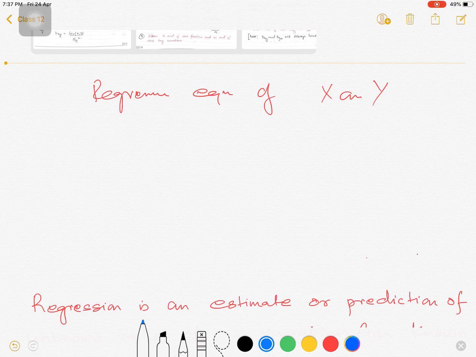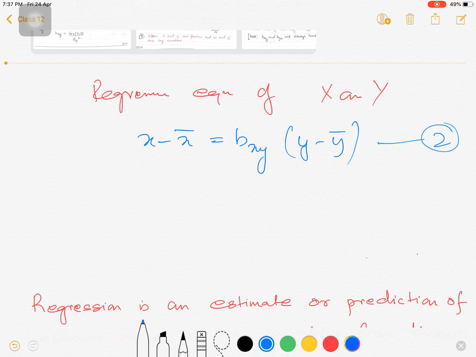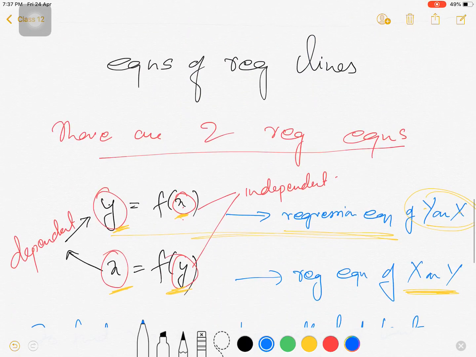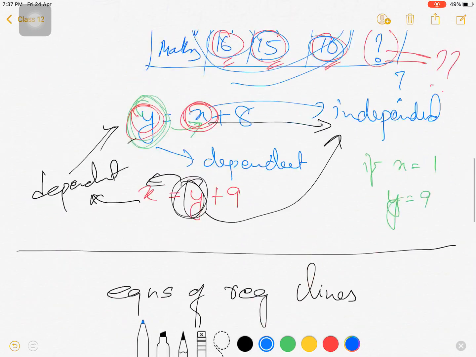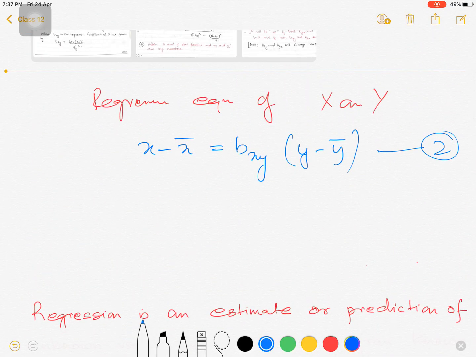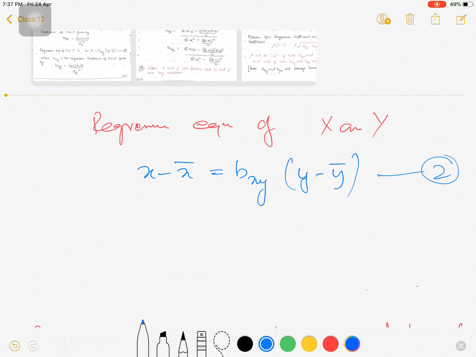Very simple. x minus x bar equals bxy times y minus y bar. This is equation number 2. This was 1, by the way, and this is 2. The regression equation of x on y.